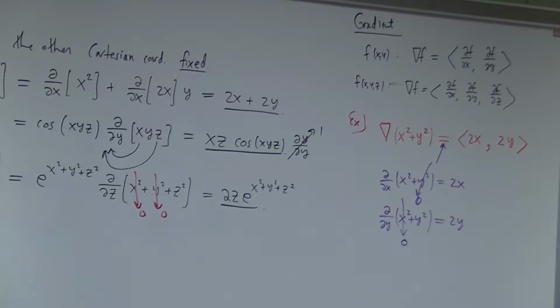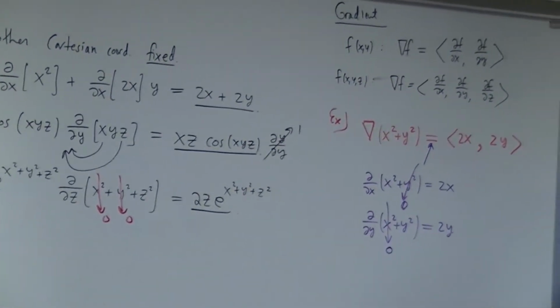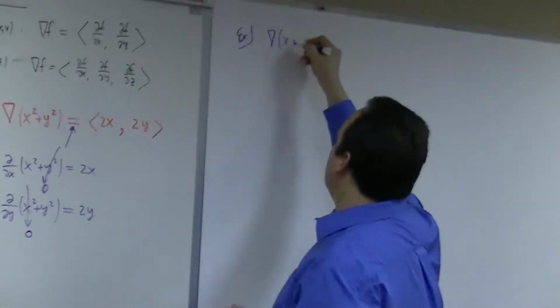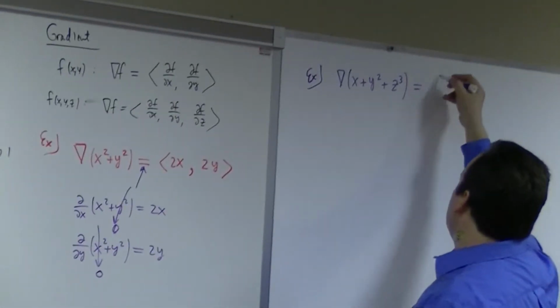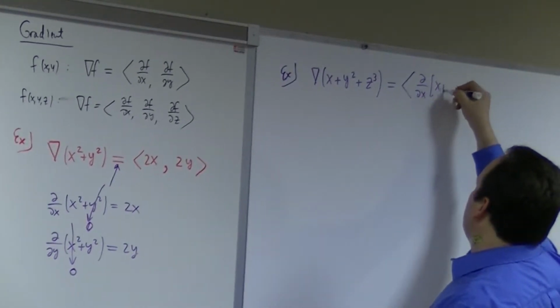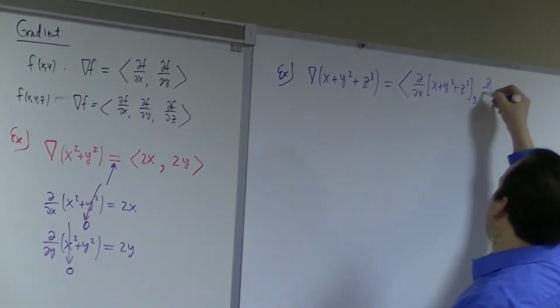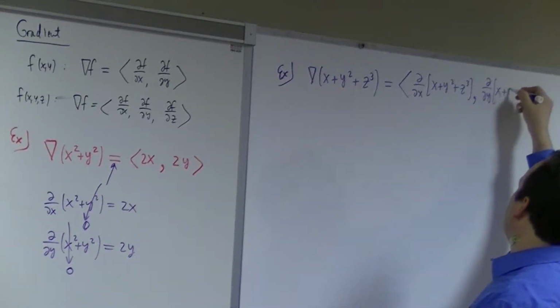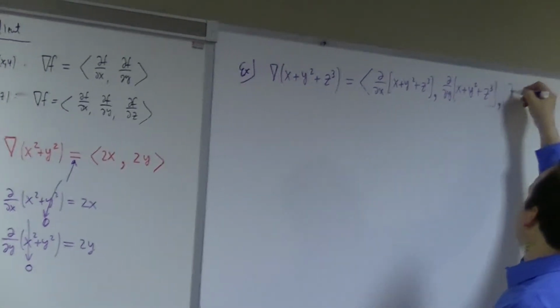All right. Let's get 3-dimensional. How about this? Nabla of x plus y squared plus z cubed. So I'll write it out. This is partial x of x plus y squared plus z cubed, partial y of x plus y squared plus z cubed, comma, partial z.